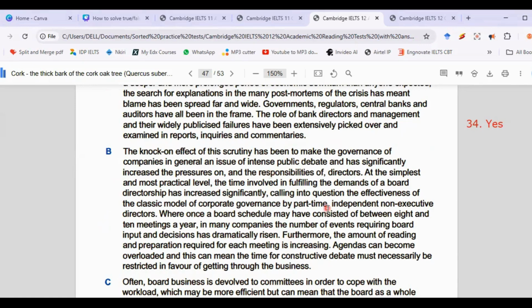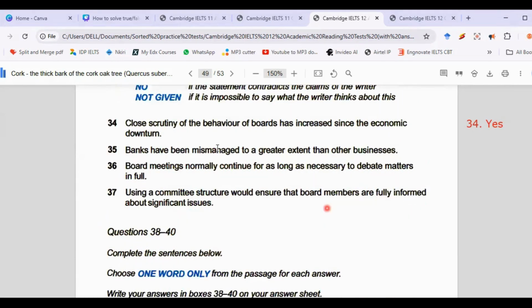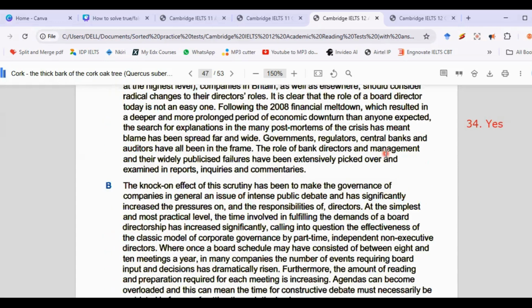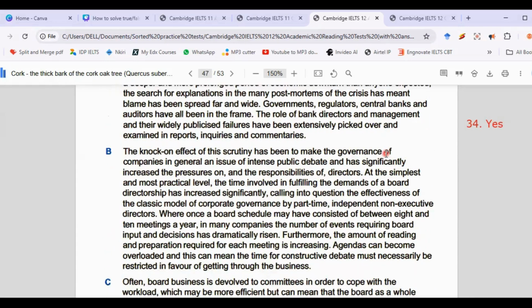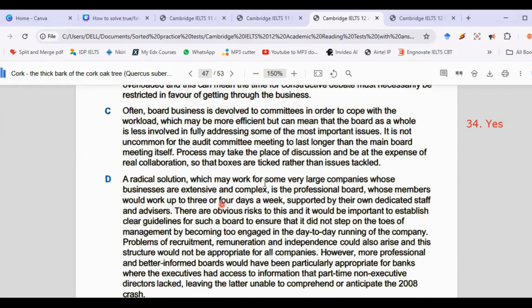They didn't compare banks to other businesses here in this paragraph B. Other businesses may refer to manufacturing companies, food and beverage companies. There's nothing like that here. I can't see it in paragraph B, and I'm sure it can't be in paragraph C. Paragraph C is about board activities. Paragraph D is about board activities, professional board.